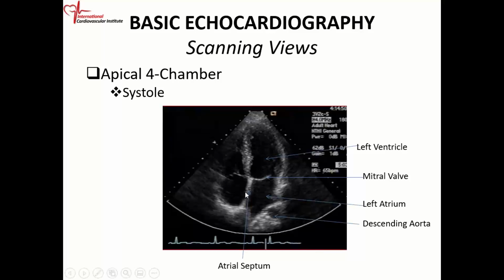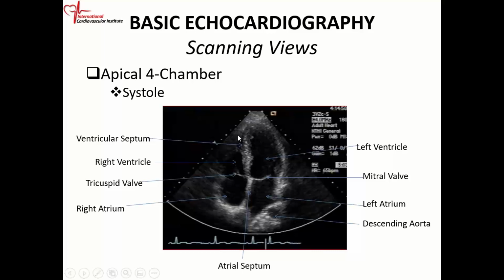This is the atrial septum. This is the right atrium. This is the tricuspid valve. This is the septal leaflet, and this is the anterior leaflet. This is the RV cavity.